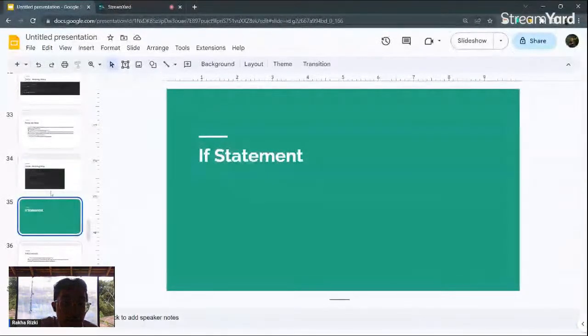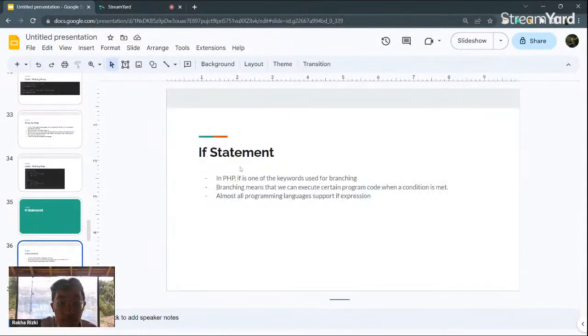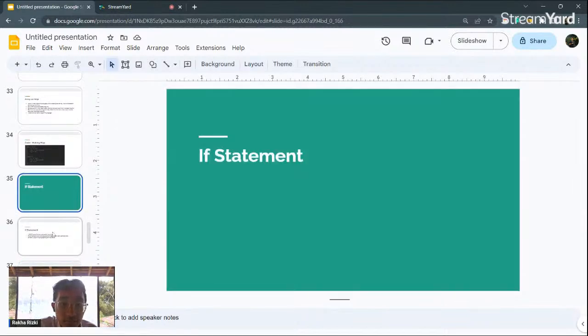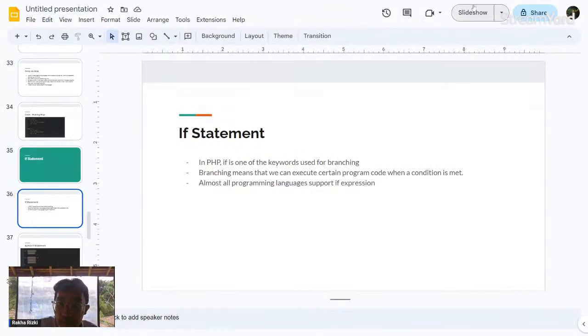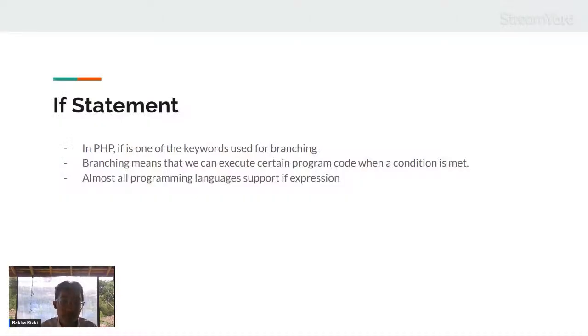So we can continue to our slides. I will present to the window again. The next material is the if statement in PHP. In PHP, if is one of the keywords used for branching.